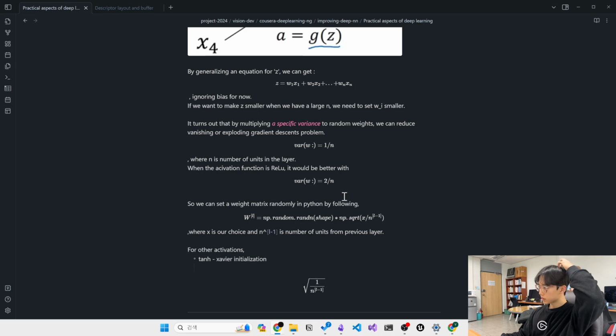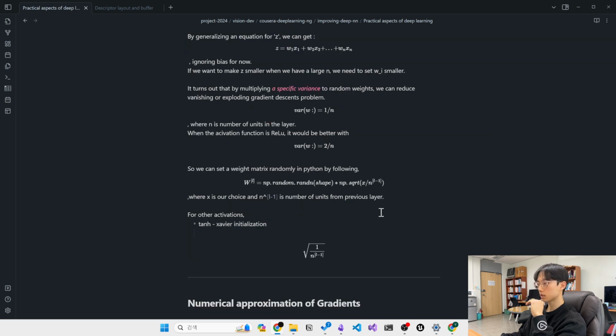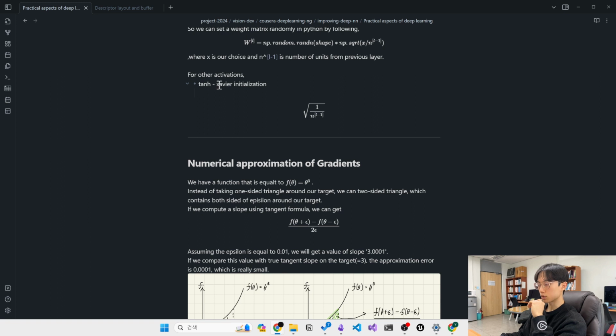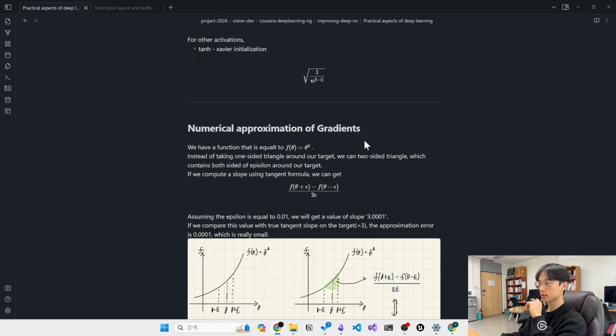In the case where we use the ReLU activation function, it'd be better to use 2/n as the variance. And if we multiply all the components by the square root of this variance, we can expect that we're going to reduce these problems. For reference, if we use a tanh function for activation, we can use the Xavier initialization in this case.